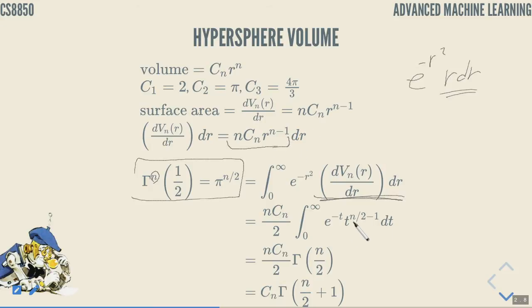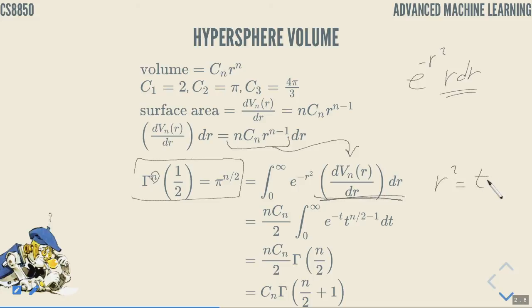So let's plug this into here. Take the constants out, rearrange, and we also make a substitution again, as we've done before. We substituted our square with t.